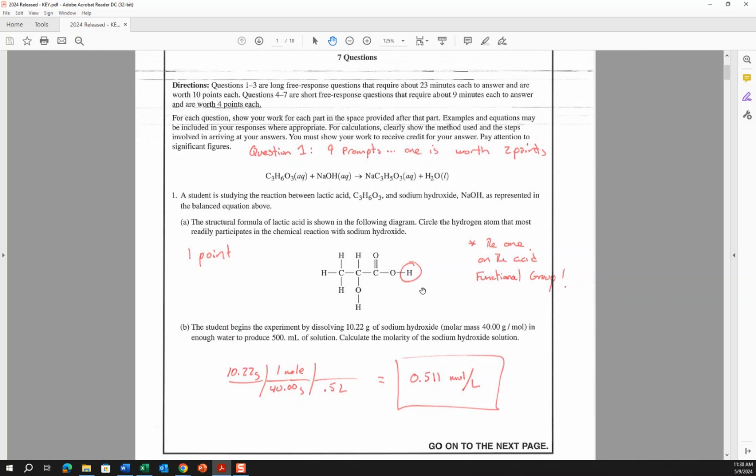Okay. So first question, pretty easy. Which one of these hydrogens is the acidic hydrogen? It's the one that's on the OH, but also has the double bond O connected to the same carbon, right? That's the organic acid functional group, and so it's that hydrogen that's the acidic hydrogen. All right, so hopefully you circled that one, and not that one.